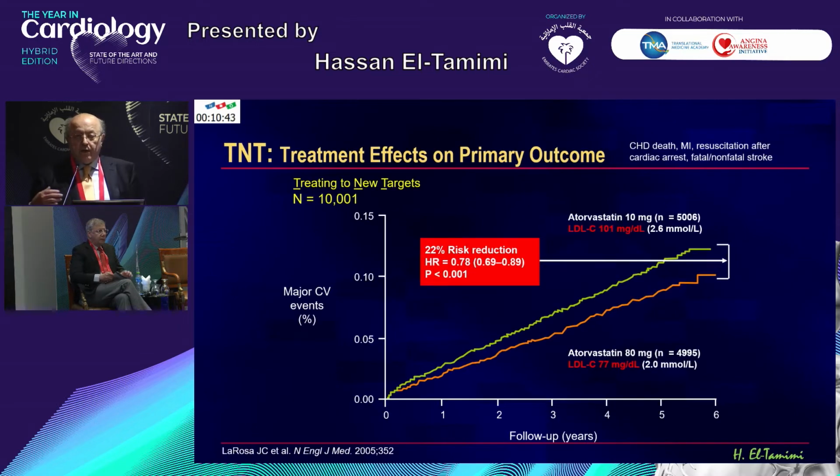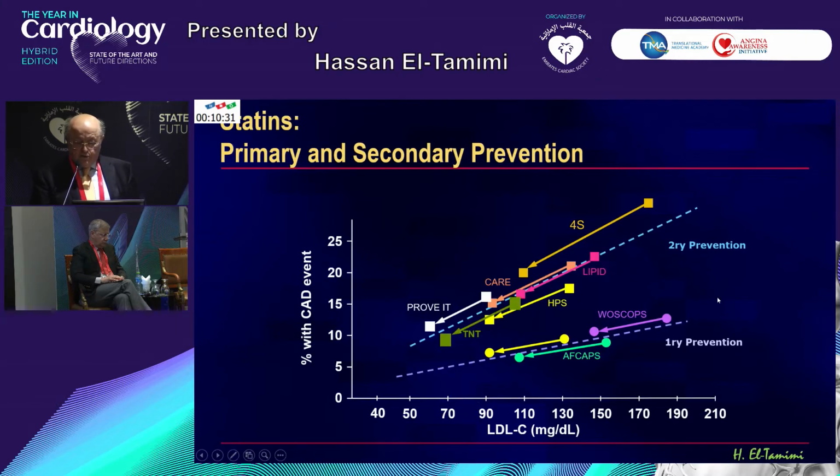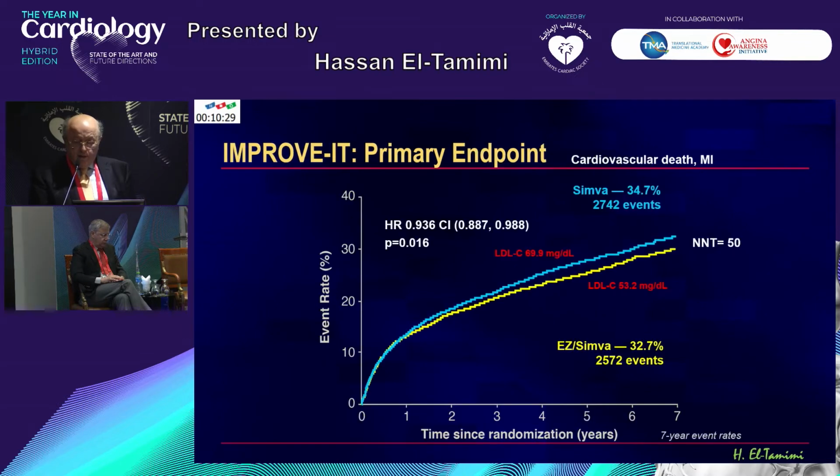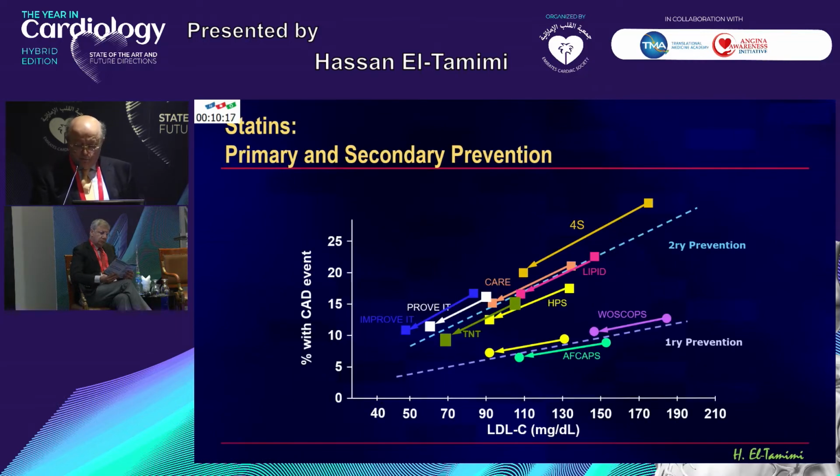Then we looked at dosing, 10 mg atorvastatin versus 80. It's not exponential benefit, but definitely there is a significant impact on the higher dose, as you can see in TNT. And then adding a non-statin to a statin regimen, ezetimibe, a little bit of improvement, not very impressive, but still, and again, you can see improvement.